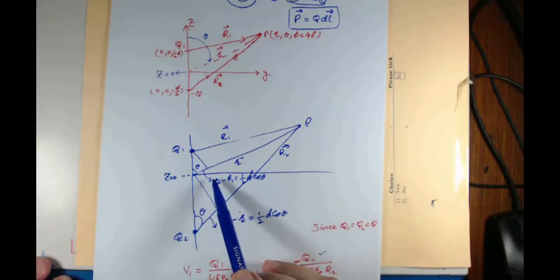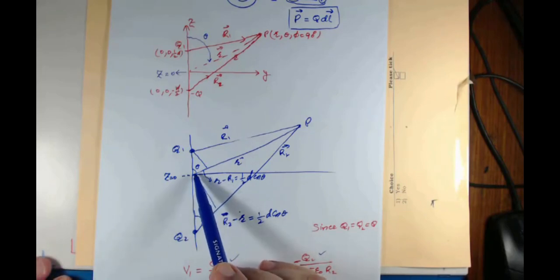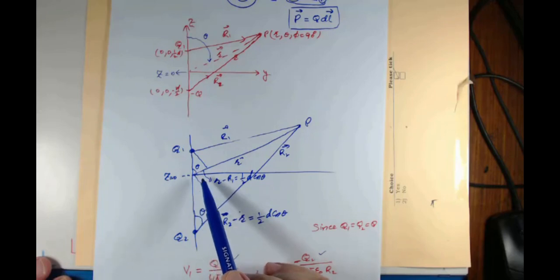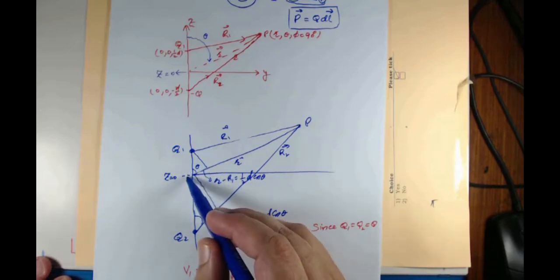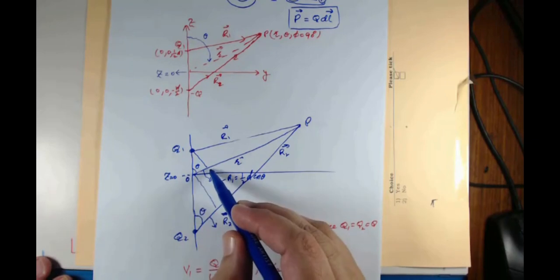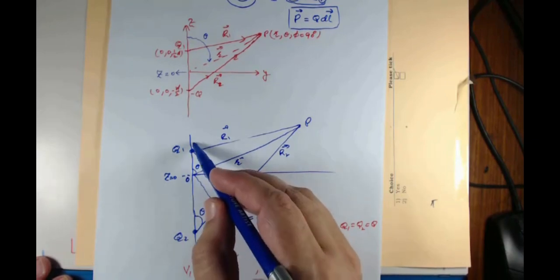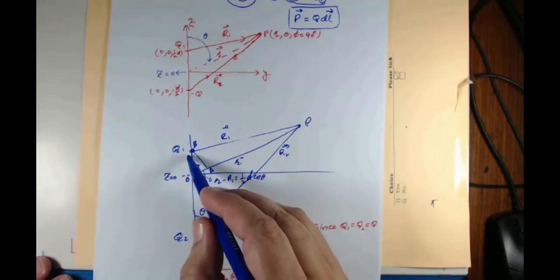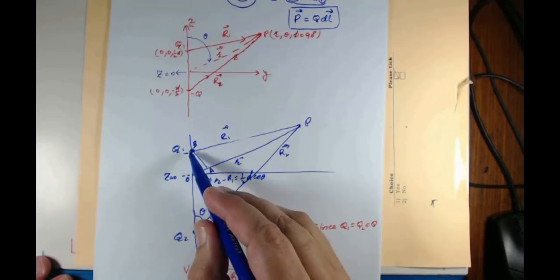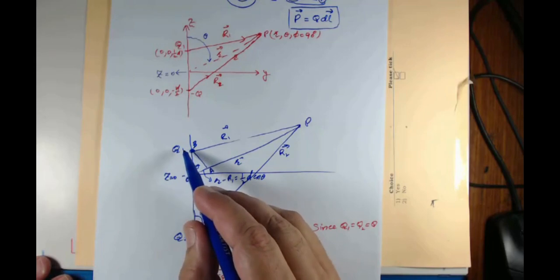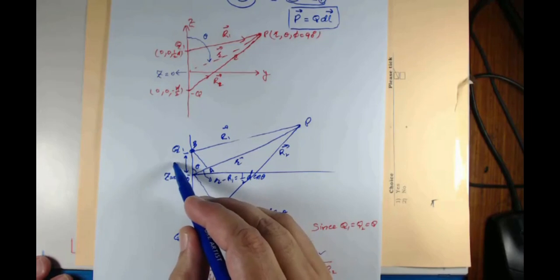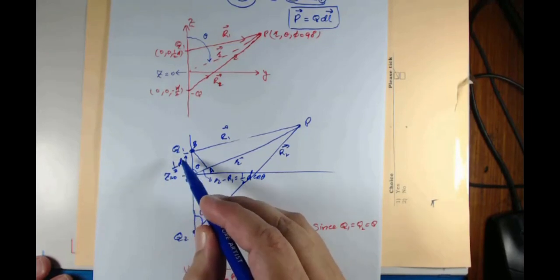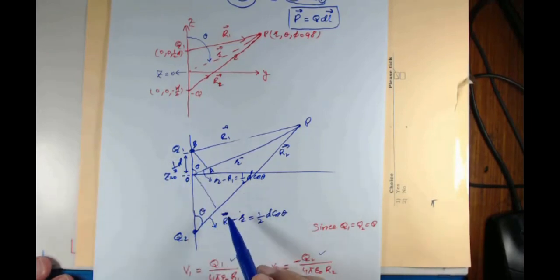So using the geometry, we can obtain the difference between R1 and R2. Let us consider the triangle OAB, and we know that Q1 is located at a distance 1 by 2 d from the z equal to 0 plane.